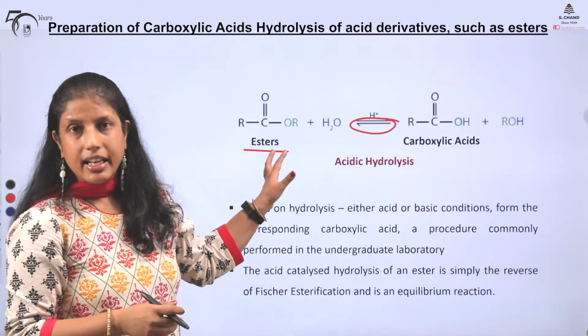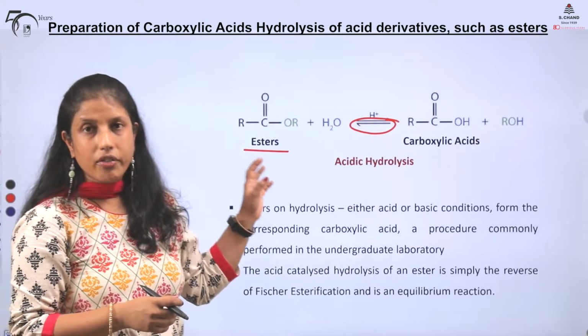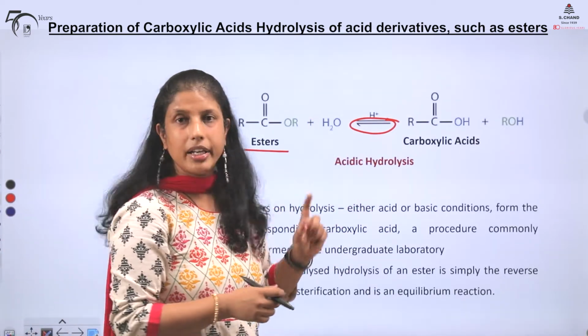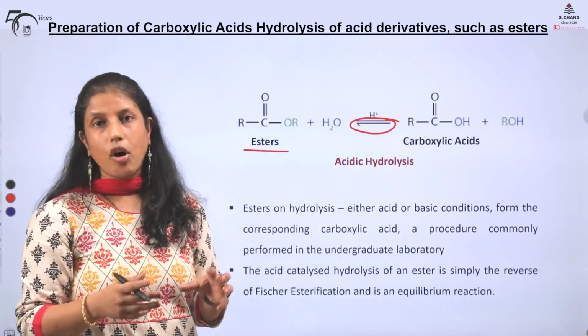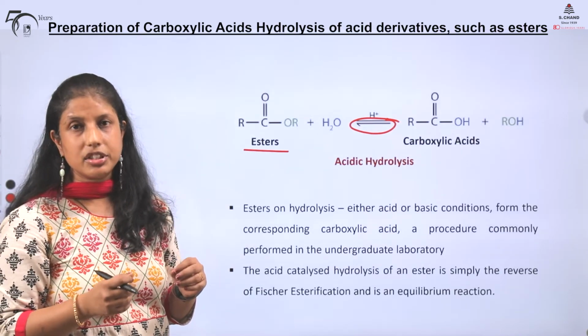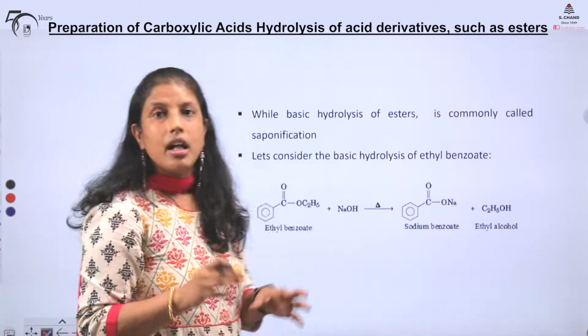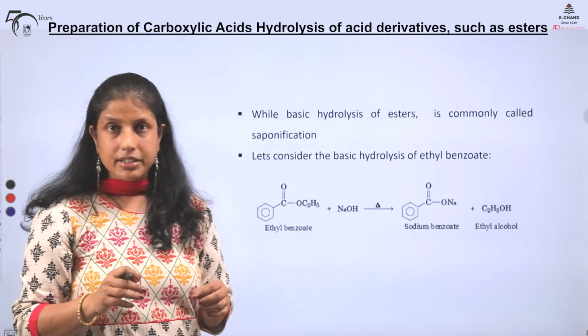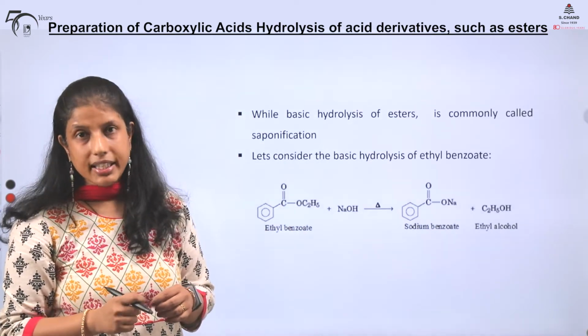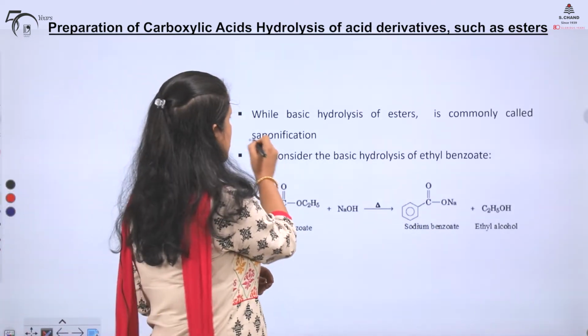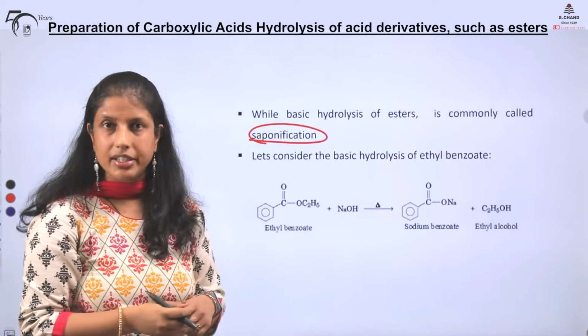The acid catalyzed hydrolysis of our esters is an equilibrium reaction and it is opposite to that of the Fischer esterification. The basic hydrolysis of esters to give carboxylic acids is commonly known as saponification.